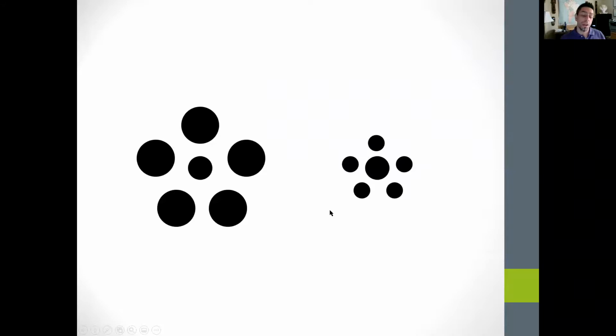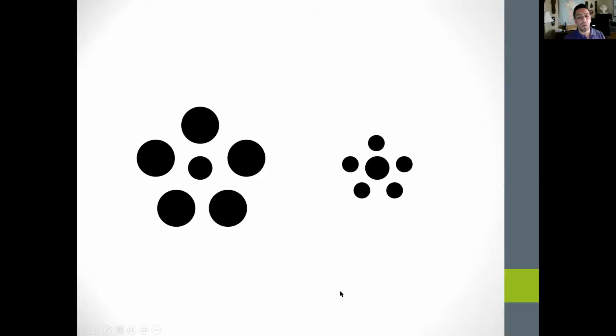One of the important things about the perception of proportion is that our eyes and our minds tend to read objects differently based on the elements that surround it. So when you're looking at these two compositions, and I ask you which one of those two circles in the center is bigger, you're probably going to say that this circle right here is bigger than that one.